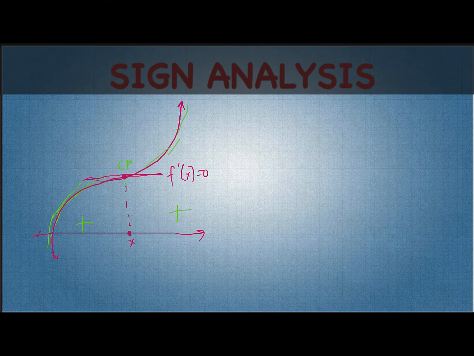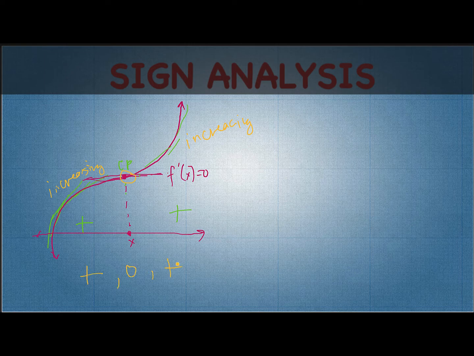So in other words, to the left side of this critical point, our function is increasing, right? Okay, and to the right side of this critical point, still our function is increasing, so it doesn't change, and our sign analysis will be positive, 0, positive.